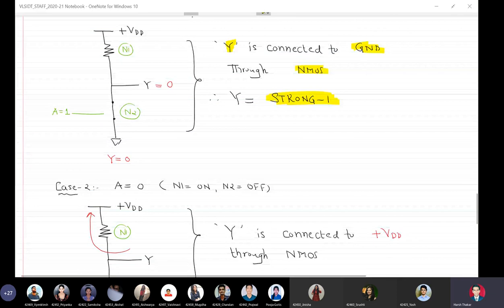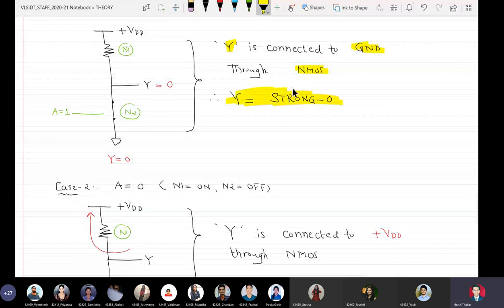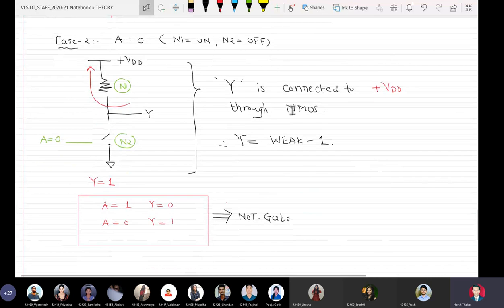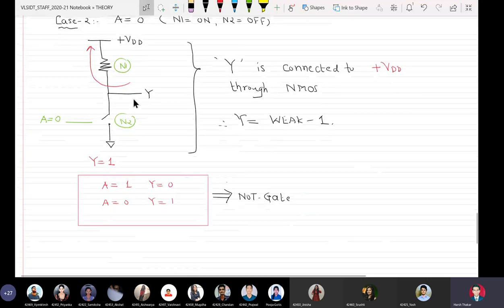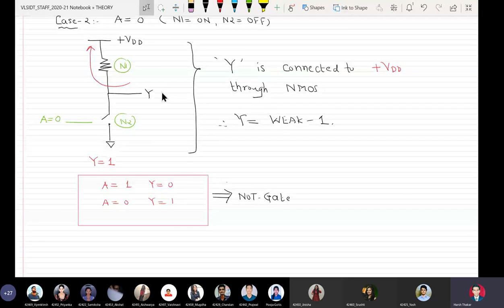So NMOS gives a strong 0 and a weak 1. PMOS gives a strong 1 and weak 0. So in case number 2, the output is equal to 1, but because the output node Y is being connected to VDD through an NMOS, and NMOS is not known for producing strong 1, we get a weak 1 here.